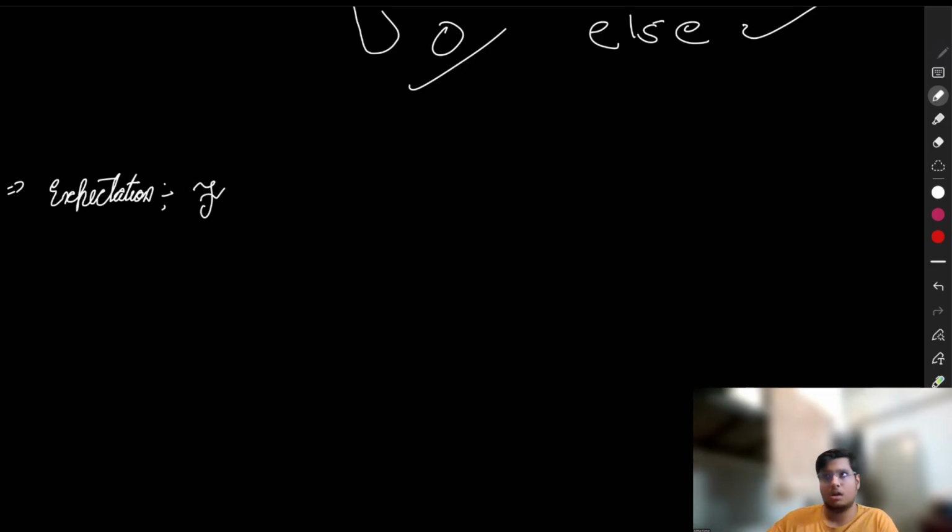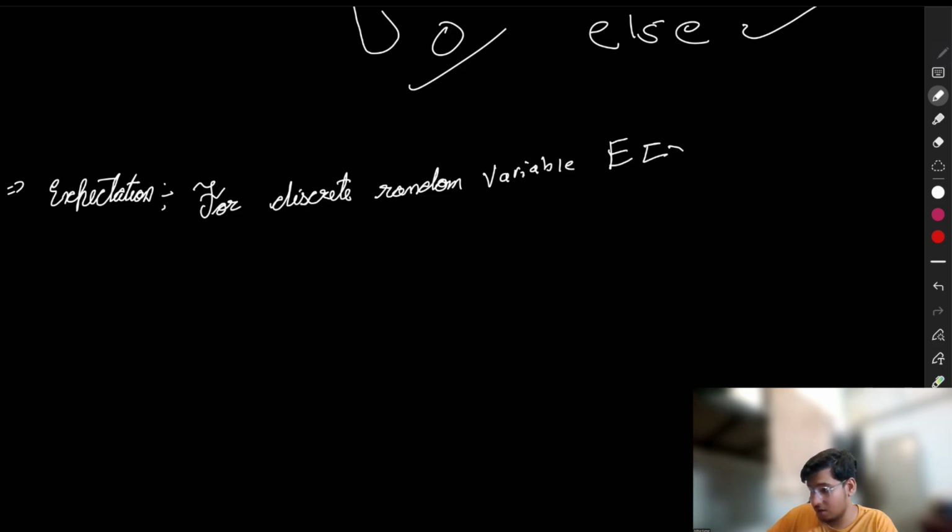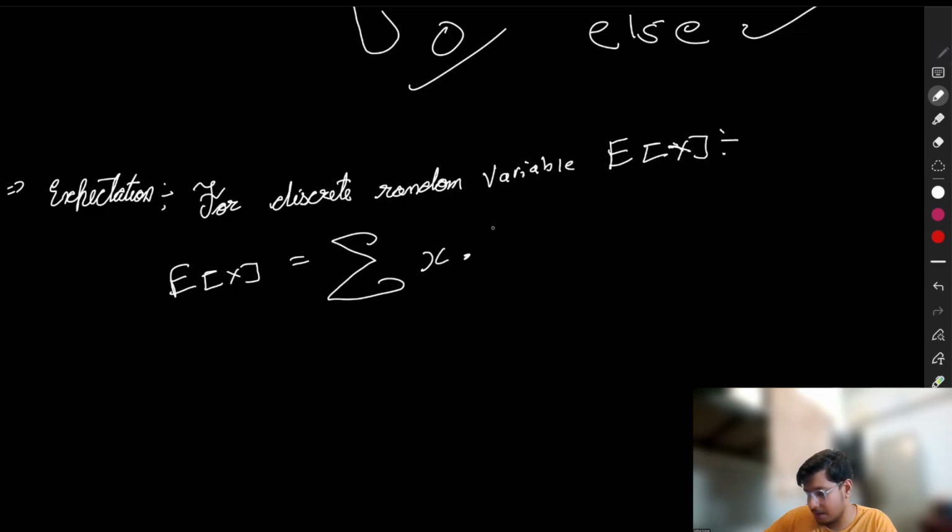Then I will tell you what expectation is. For a discrete random variable, expectation, you can write expectation also. I have defined it earlier. E of x is equal to summation x multiplied by p of x.